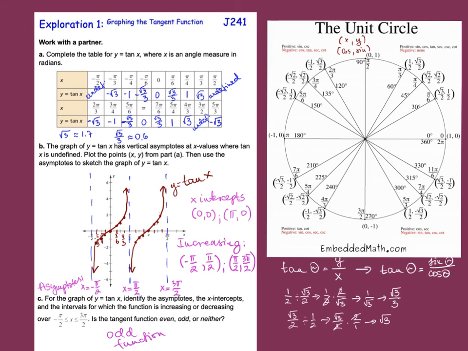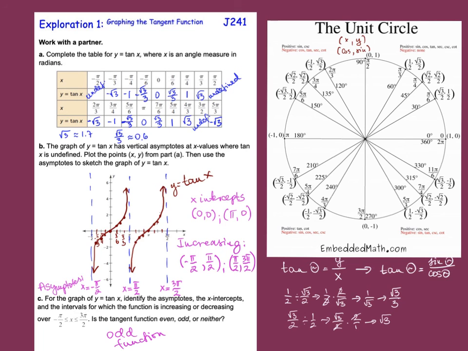So if I'm going to look at this graph, it's a little bit different. It is a periodic graph, just like the sine graph and the cosine graph. However, this graph has an asymptote, or multiple asymptotes. And if I'm looking at the period where the graph repeats itself, it's kind of interesting because it repeats itself between asymptotes.